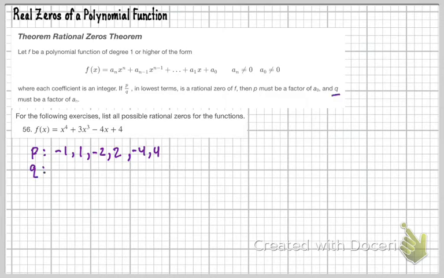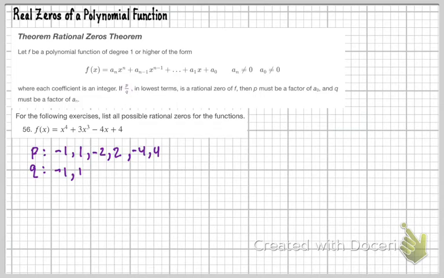Then the q's I'm going to do next. The q's must be factors of a sub n. Our a sub n term is right here, and that's 1, because when we don't see a number there, it's understood to be 1. So negative 1, positive 1. Now I'm just going to list them all, because this says if p over q in lowest terms is a rational zero of f.